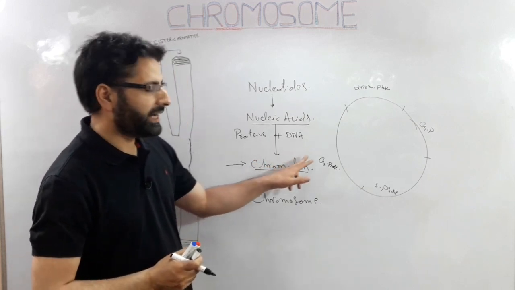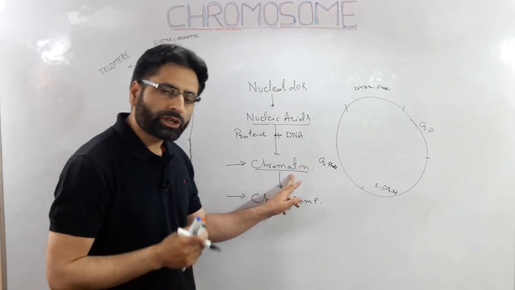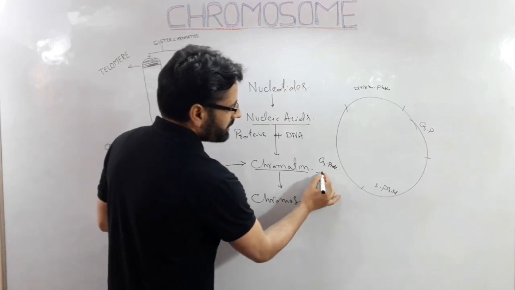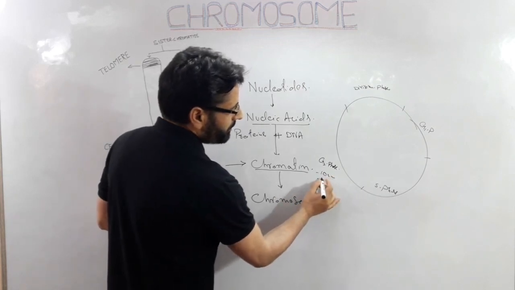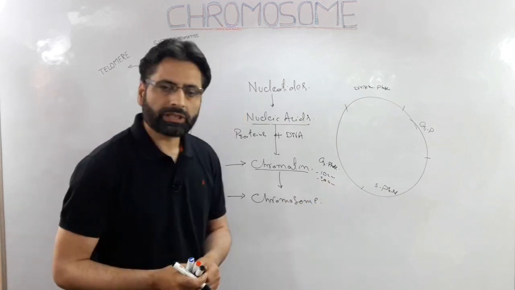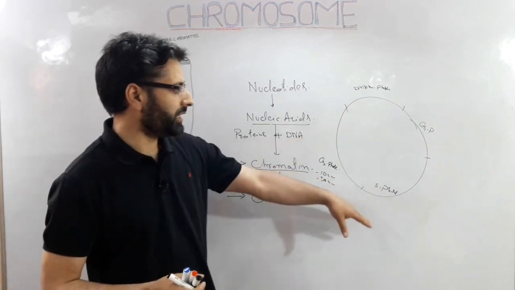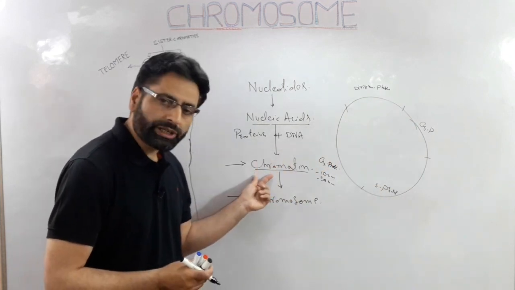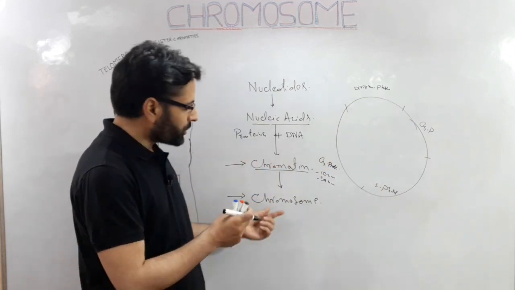That is, genetic material is either in the form of the chromatin fiber, and in this chromatin fiber we are having either 30 nanometer fiber or 10 nanometer fiber. So this genetic material during this whole cell cycle is either in the form of the chromatin or in the form of the chromosome.